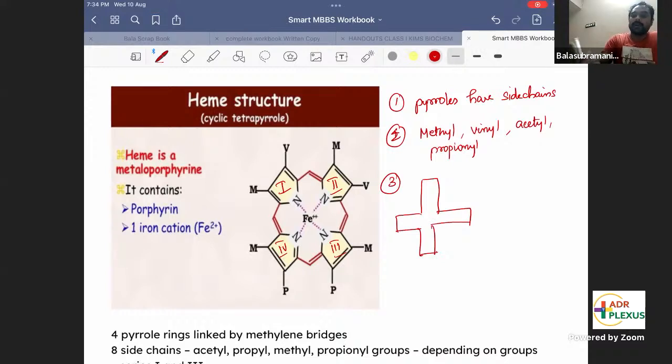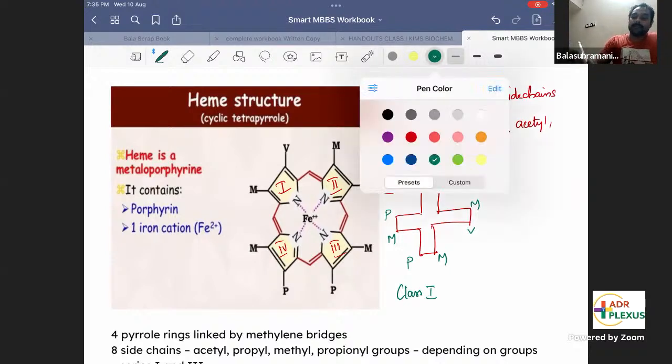So the side chains can be arranged symmetrically like this. So M, V, M, V, M, P, M, P. So there is some kind of an order here: methyl followed by vinyl, methyl followed by vinyl, methyl followed by propionyl, methyl followed by propionyl. If it is arranged like this, then it is called class 1 porphyrinogen.